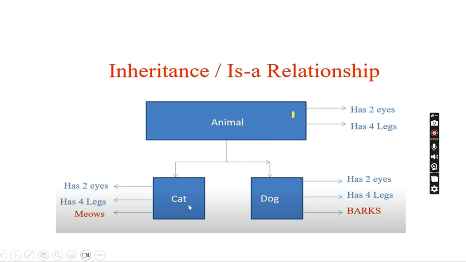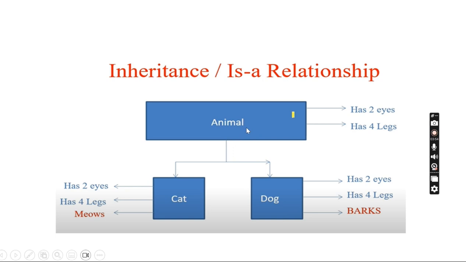What dog and cat should write is their own special properties. Dog can bark, and cat cannot bark; they do the meows. So inheritance is called an is-a relationship: dog is an animal and cat is an animal.